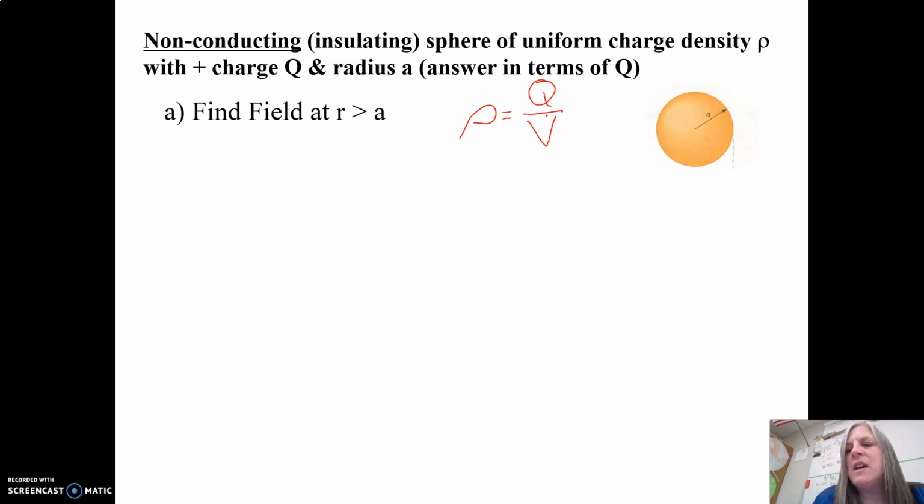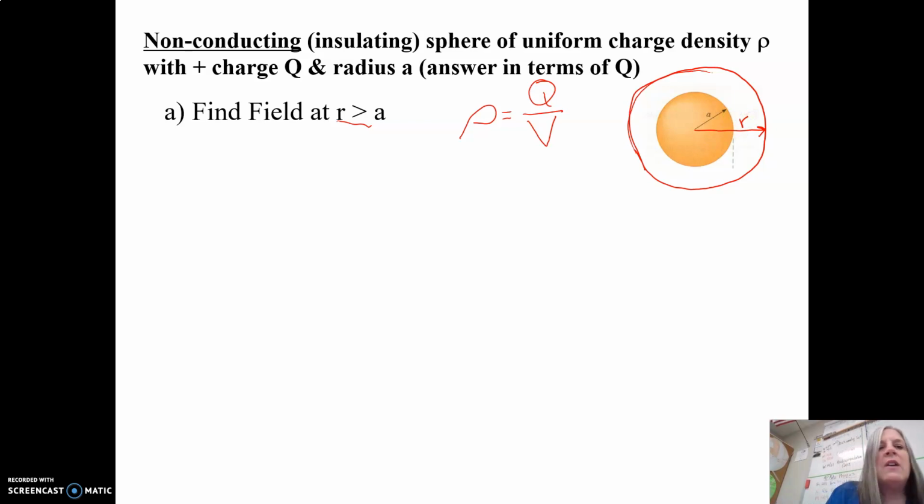Now, a couple things we need to know when we deal with spheres: our imaginary surface is going to be a sphere that we put at some distance away from the center of the sphere, based off the requirements of the problem. In this case, we're at an r value that is greater than the radius of the sphere, which we're calling the radius a.